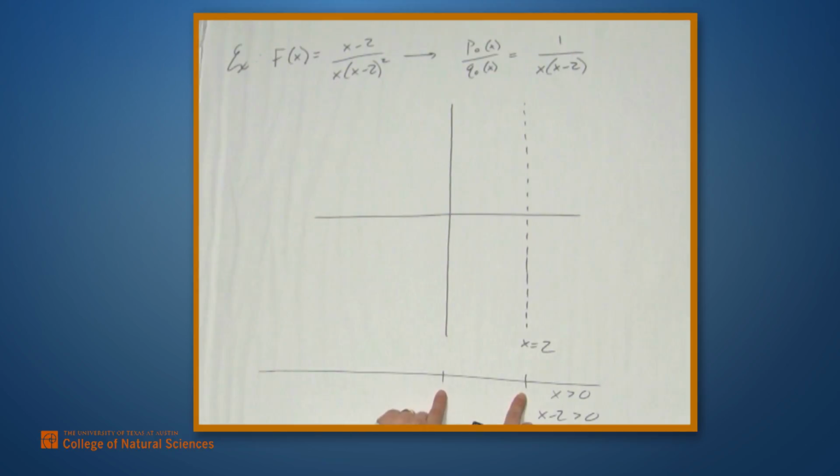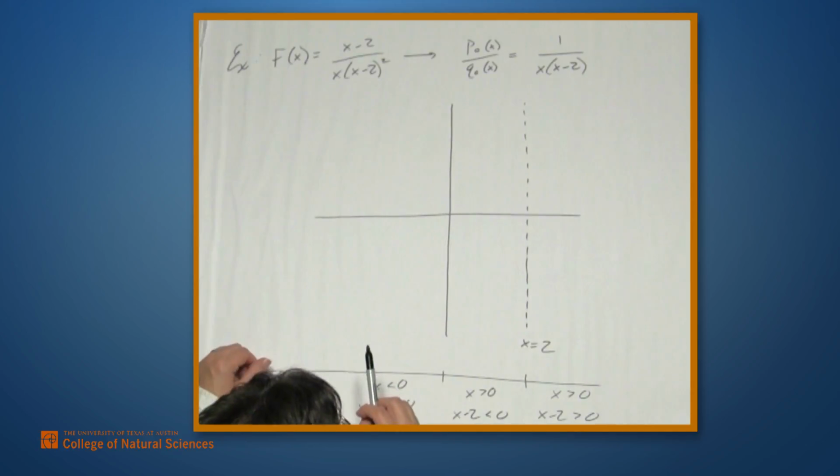For values of x between 0 and 2, x is greater than 0, but x minus 2 is now less than 0. And for all values of x less than 0, well, x is certainly less than 0, and x minus 2 is less than 0. Why is any of this relevant? Well, this tells us what the sign of this thing is going to be.